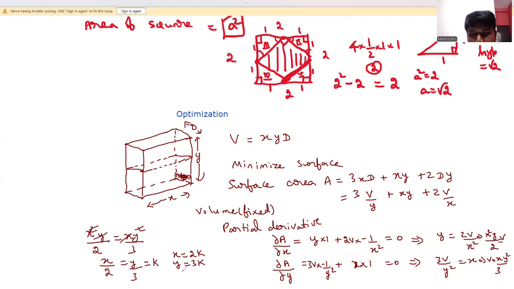So the ratio of x to y should be 2 is to 3. The length to breadth of this book rack should be 2 is to 3 to minimize the surface area possible for the carpenter.